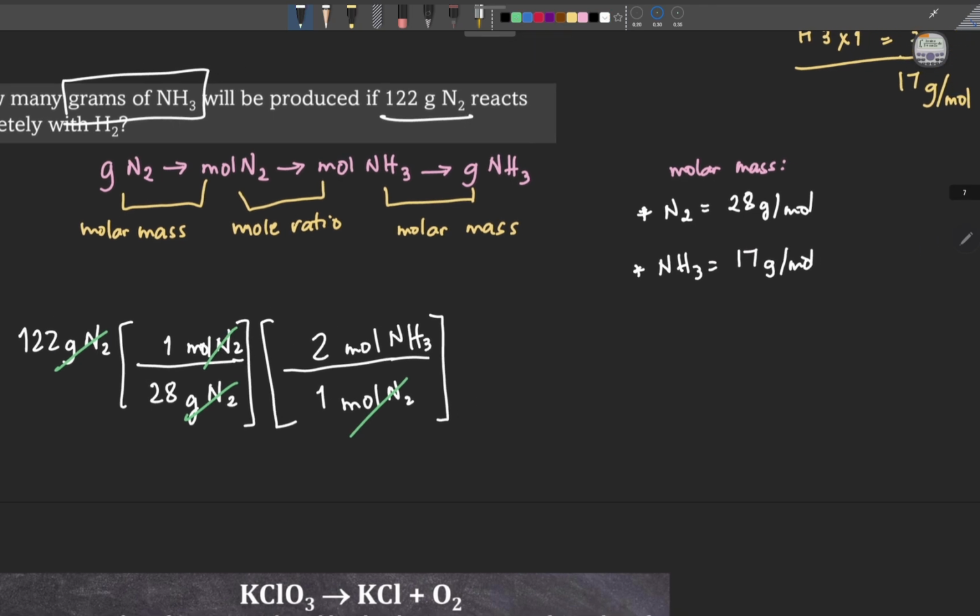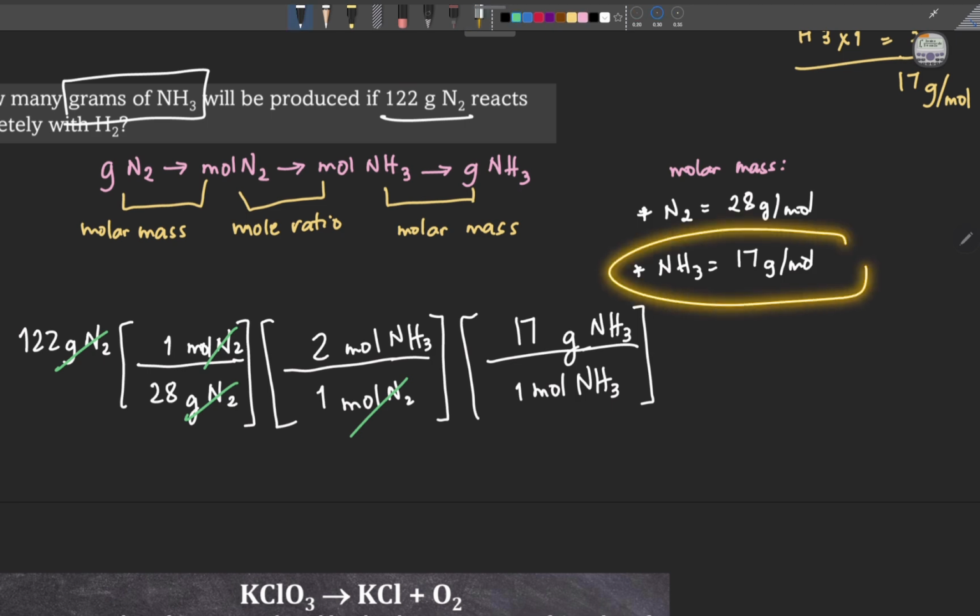Then we have, okay, we cancel the mole of NH3 because we need the grams. So meaning we're using the molar mass, so that's 17, then 1 mole. Okay, so that is coming from here. Then we cancel this.